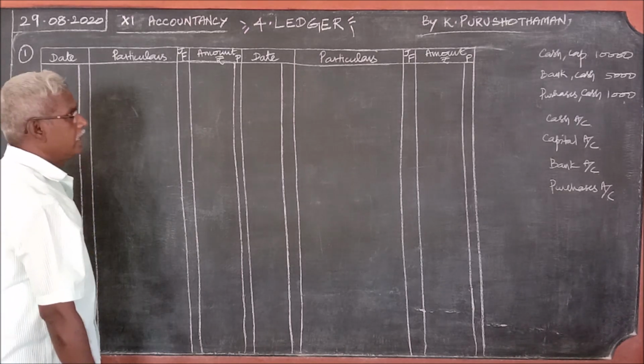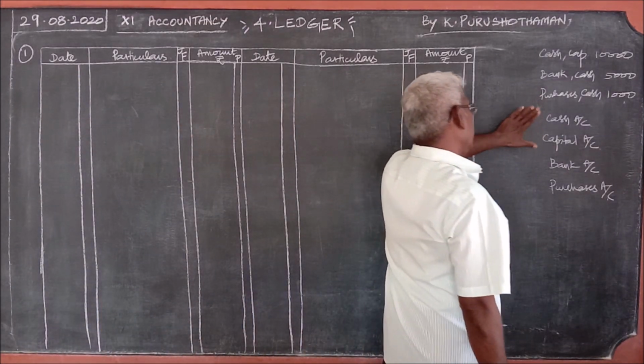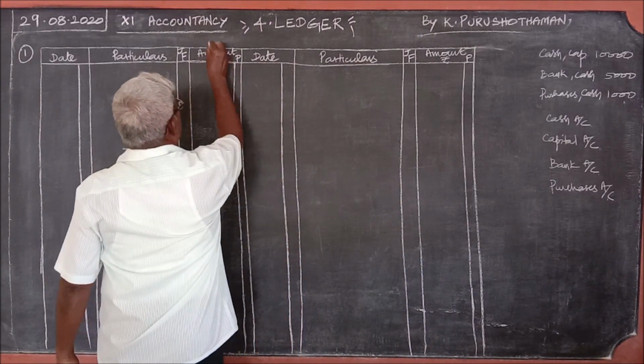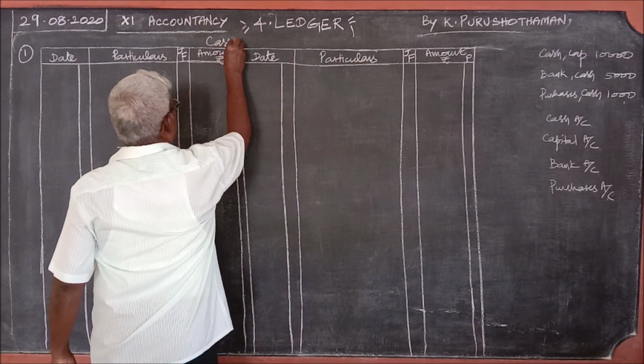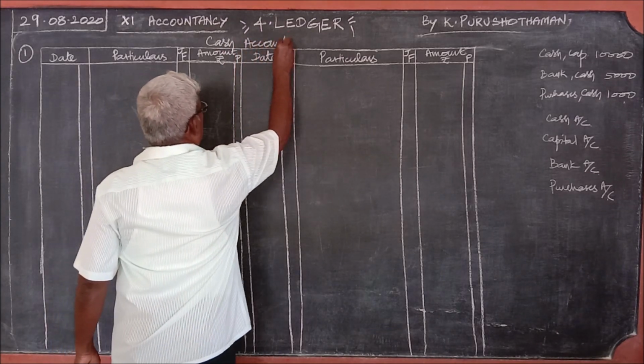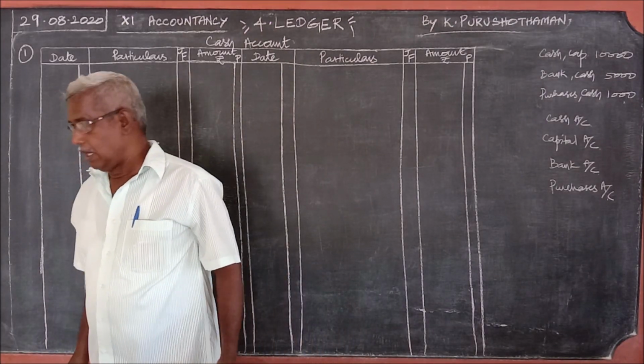What should be the first ledger? Cash account is the first ledger. So we can write the cash account at the center.